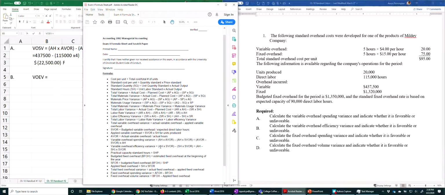Efficiency: actual hours times standard variable overhead rate minus standard hours times standard variable overhead rate. Or we can just do actual hours minus standard hours times the standard variable overhead rate. So let's take the latter iteration for this particular problem. So actual hours minus standard hours times the standard variable overhead rate.